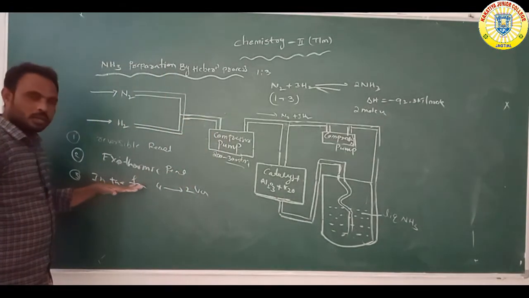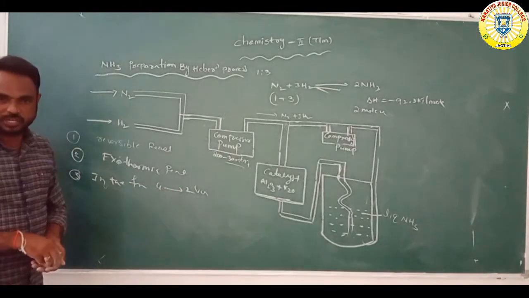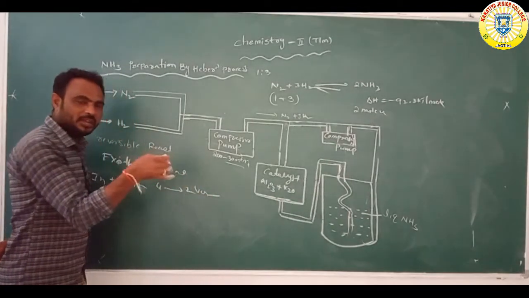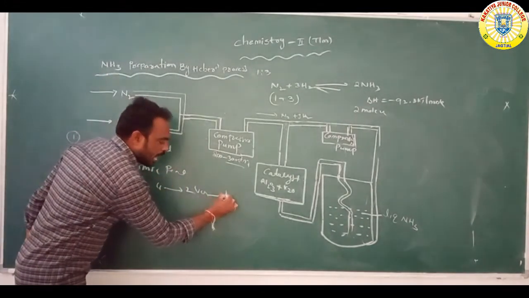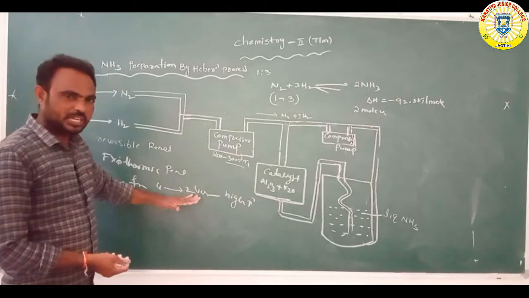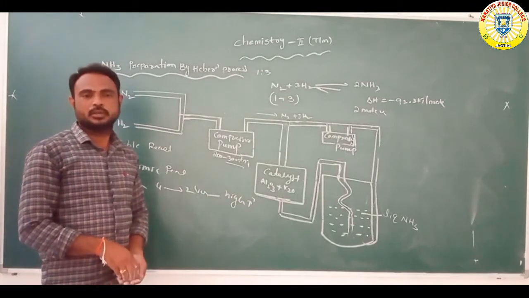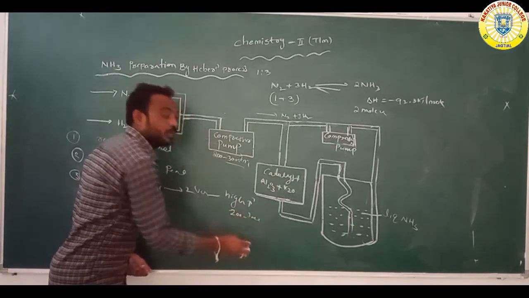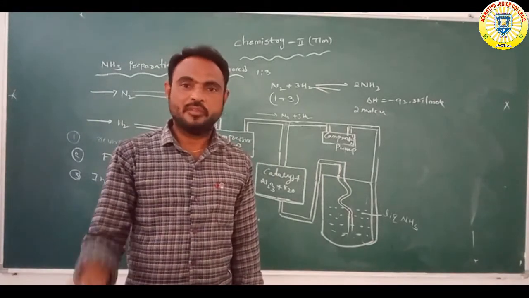When the volume of the reaction decreases, in this type of reaction we use higher pressures. So we have used 200 to 300 atmosphere pressure, very high pressure.